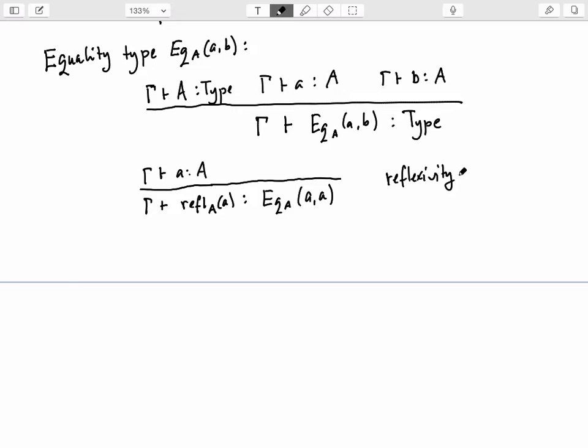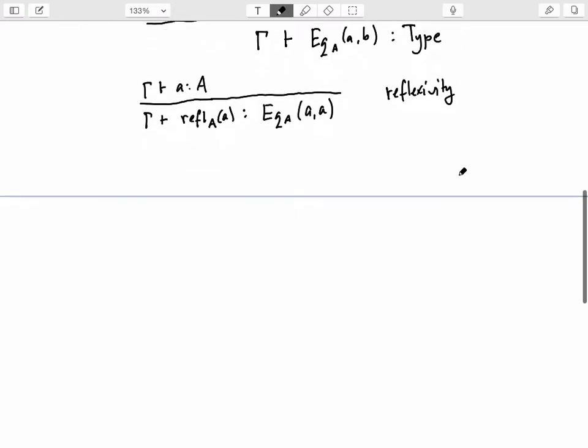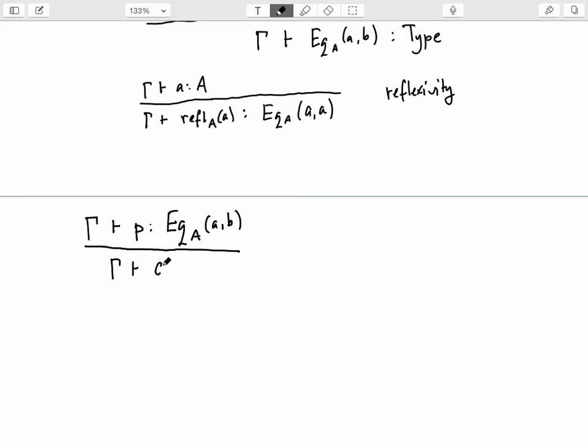But instead you have the troublesome reflection rule, and the troublesome reflection rule says this. If you can build a term of type Eq A a b, then a equals b.